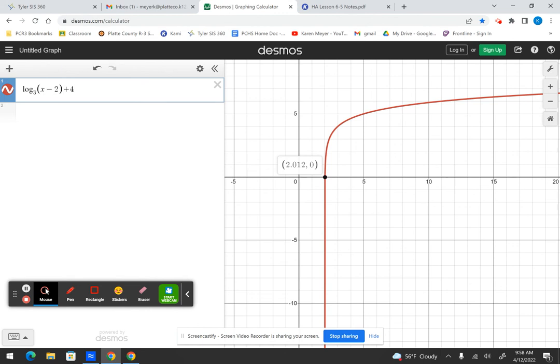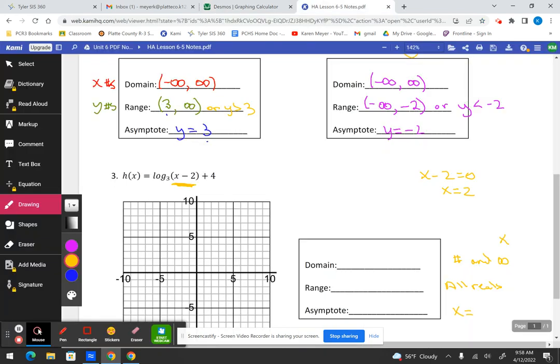And just like we talked about, it's not ever going to be exactly 2. Okay, it's just going to get ever so close to it. So here I would say 2 to positive infinity. Your range will be everything. So negative infinity to positive infinity. And then our asymptote is x equals 2.